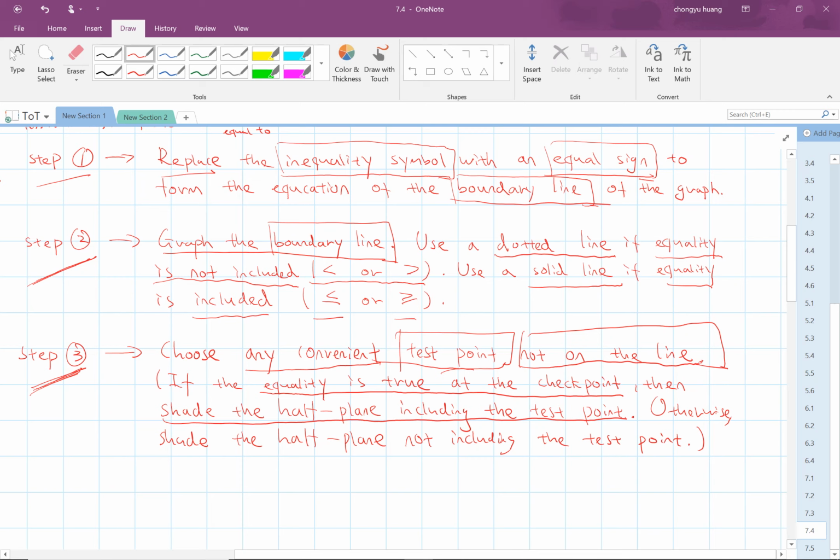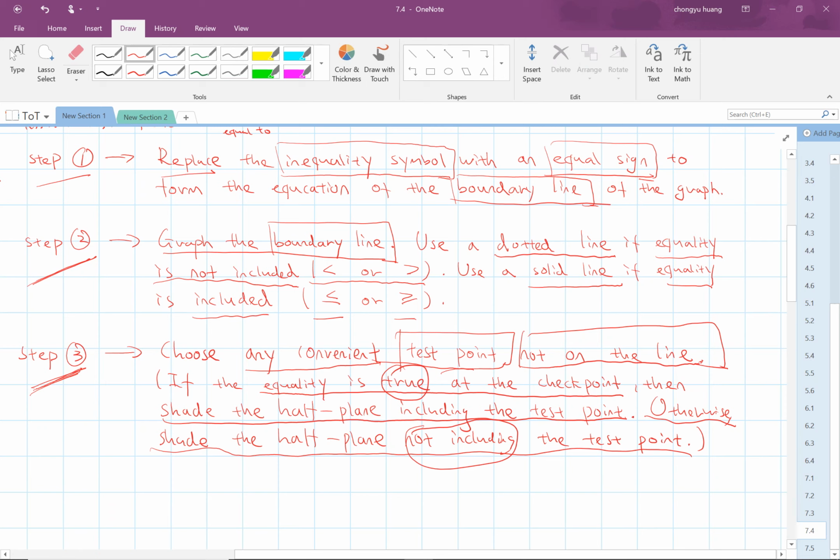If you check and the inequality is true on that checkpoint, then you shade the half plane including that checkpoint. Otherwise, you shade the other half. You shade the half plane not including the checkpoint. So that's basically all the words.